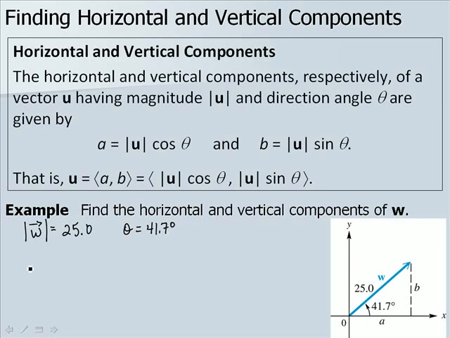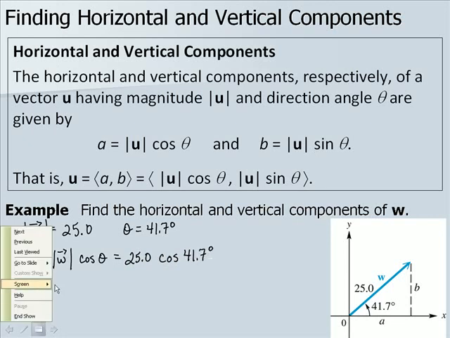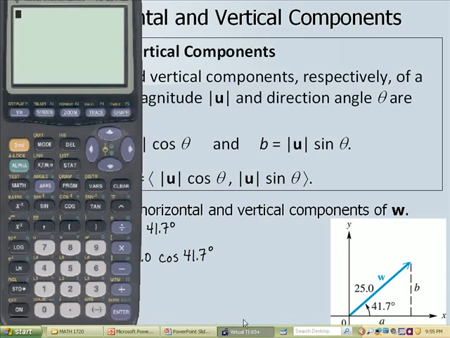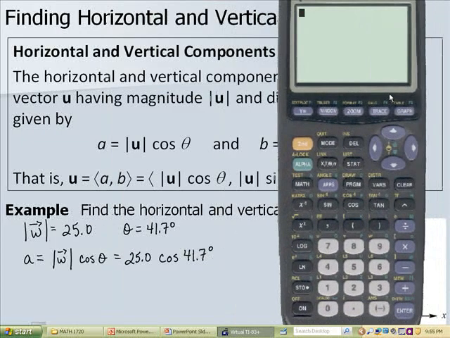So to find our horizontal component, we know that a is equal to the magnitude of w times the cosine of our angle. So we have 25.0 times the cosine of 41.7 degrees. So we want to take 25 times the cosine of 41.7, making sure we're in degree mode.